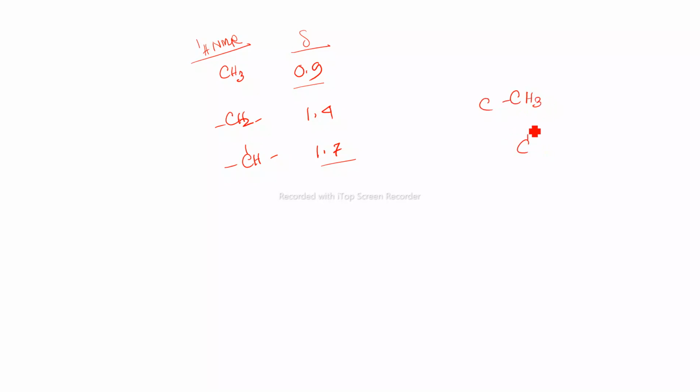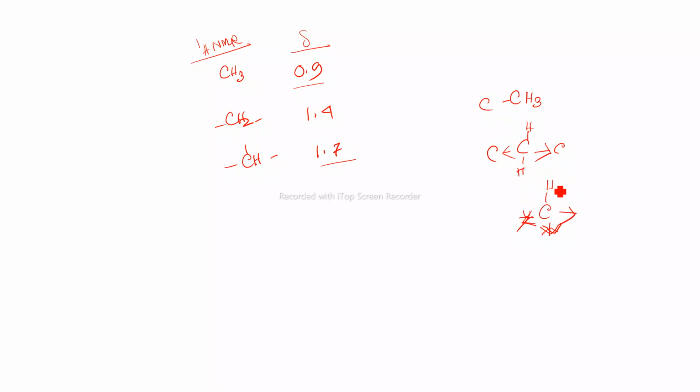In the CH2, one carbon and here one carbon. In the CH, one carbon, one carbon, one carbon. So 3 carbons are basically taking the electron. Here two carbons are taking the electron. Here one carbon. So that's why this is more deshielded.